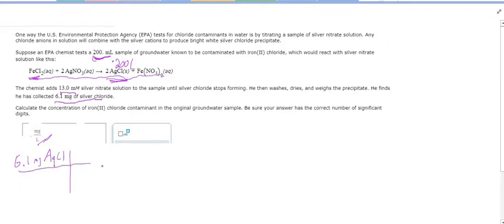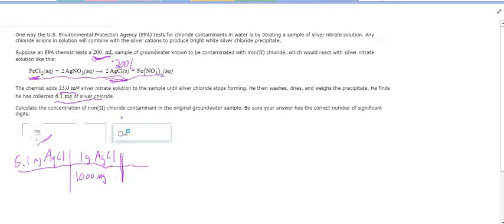Since I know where I start, we don't ever deal in grams or milligrams, but we do need to get to grams eventually, so let's go. There are 1,000 milligrams in 1 gram of silver chloride. Now that I have grams of silver chloride, I can go to moles.